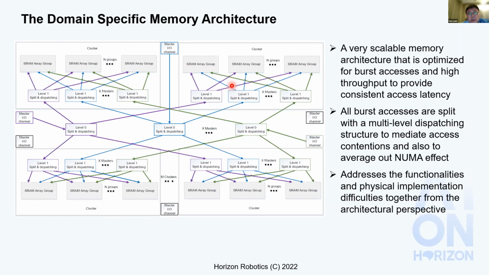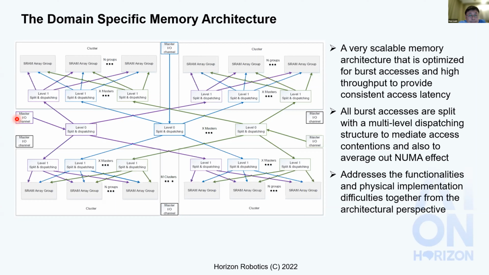Because of the even numbers, we can evenly split the traffic nicely for the common burst transactions, for example burst 4, 8, or 16, which is very common for AXI or other common bus protocols. And the masters of the traffic, we can channel in from all different directions.